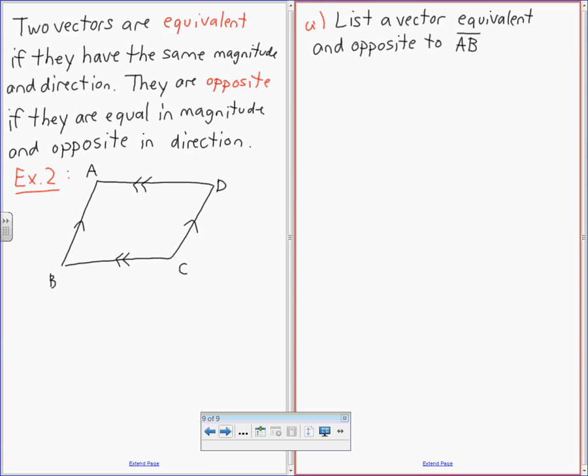CD and DC both do, okay? But we're careful with nomenclature here. AB means going from A to B. So which one would be equivalent to AB? DC, okay? So we're going to say here then AB is equal to DC. This is how you'd say equivalent.